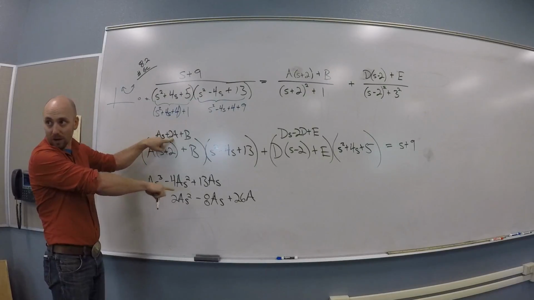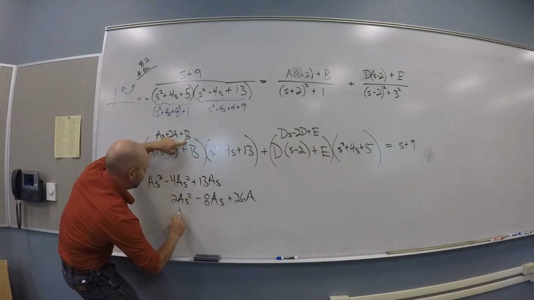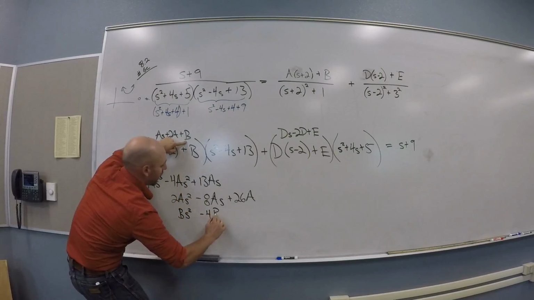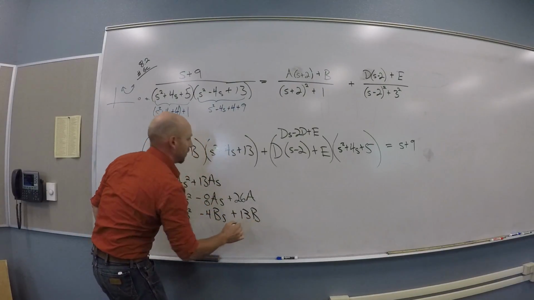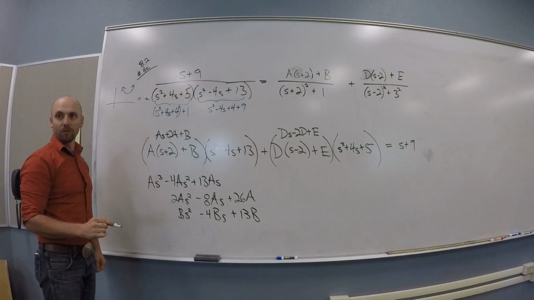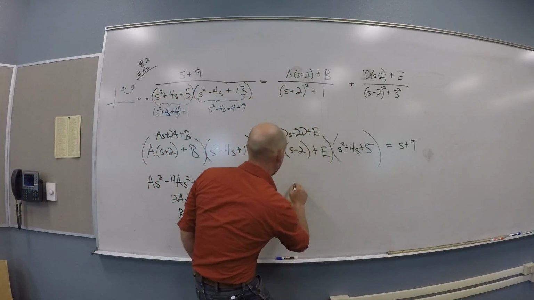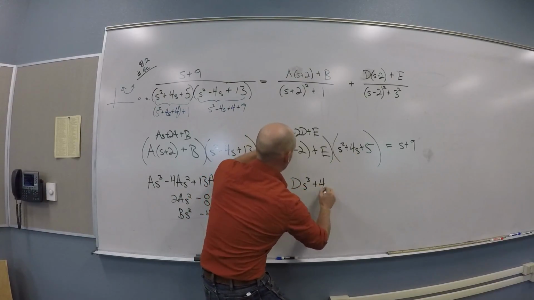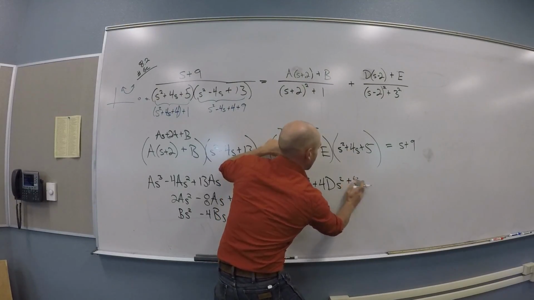You guys see I'm kind of carefully organizing. And Bs squared minus 4Bs plus 13B. So that's my first ones.